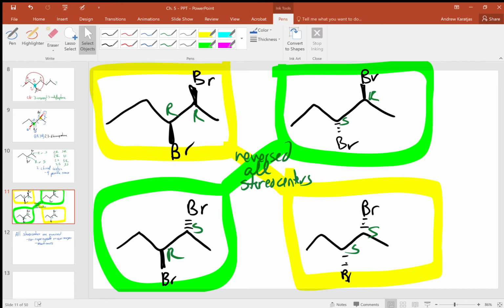But now, what if we compare one of the green circled compounds to one of the yellow ones? Let's look at the 2 right on the top row. What we find in that case is that we've reversed one stereocenter, this one, but the other one has stayed the same.